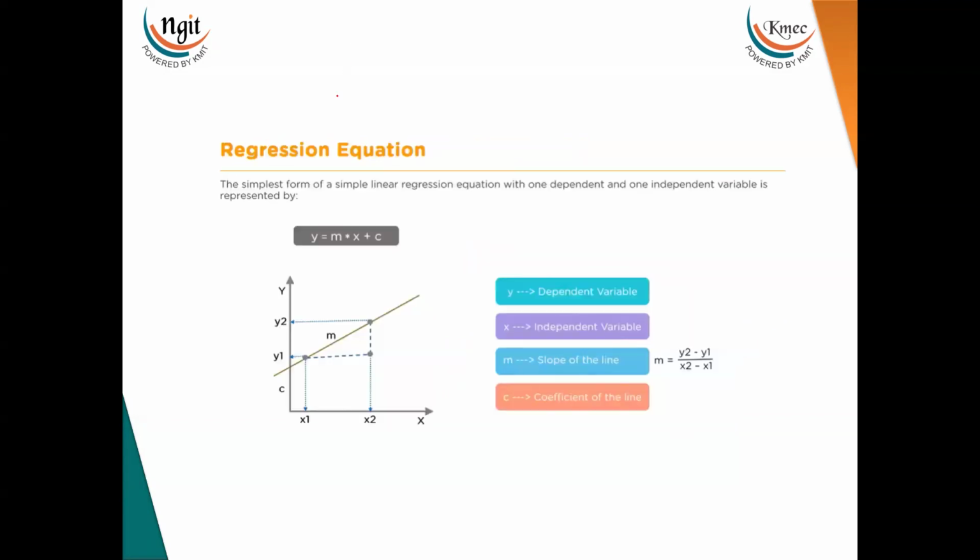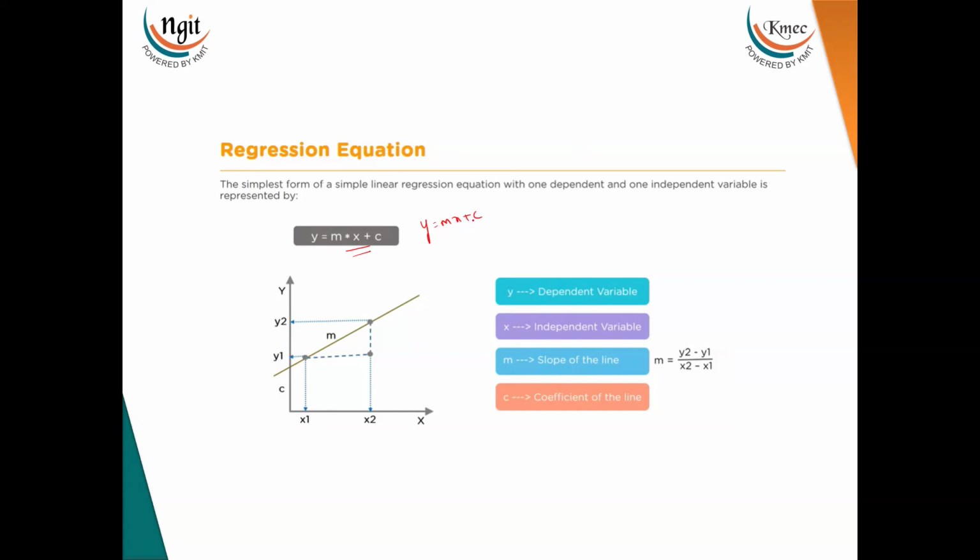Now, the regression equation. We already discussed it in the previous class. The simplest form of a simple linear regression equation with one dependent and one independent variable is represented by y = mx + c. We know it is the equation of a straight line.